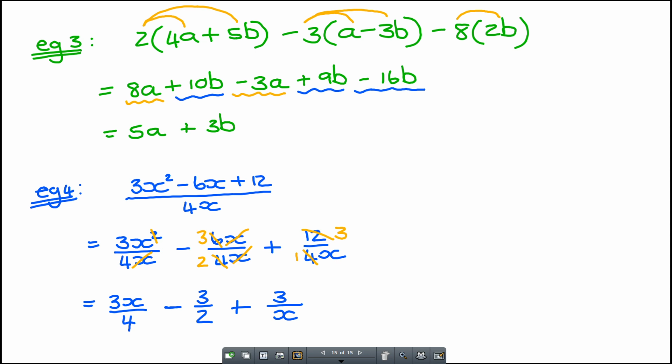Now, in the textbook, and you'll see it in the homework as well, next to that fraction, they specifically write, in brackets, x may not be 0.